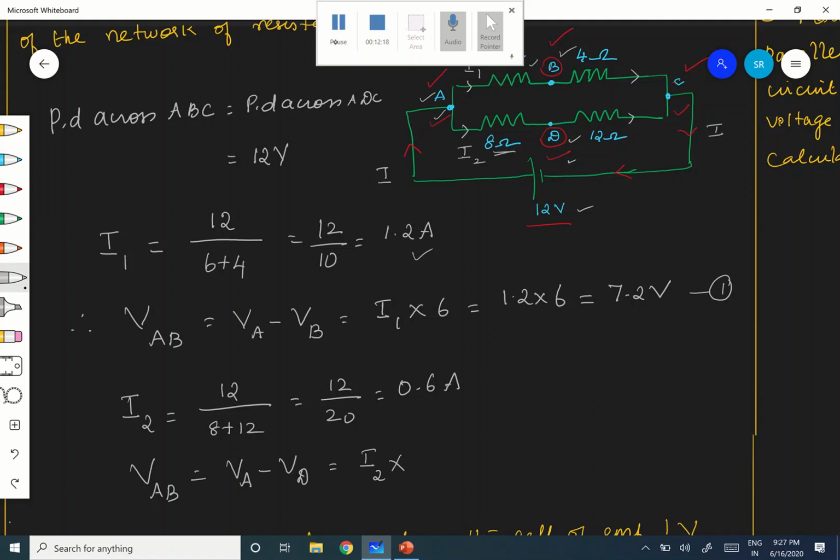That is 0.6 into 8, which is 4.8 volts. This is true. Therefore VAB is equal to VAD.